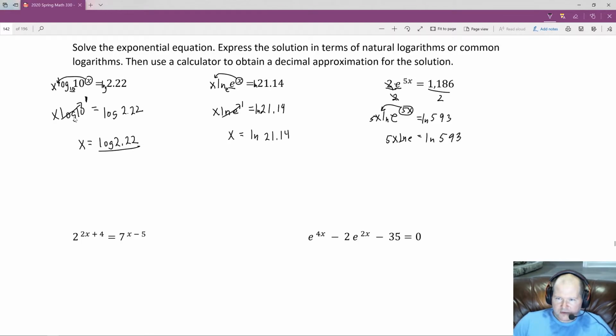Now, the natural log of e turns into a 1, so 5x times 1 is simply 5x, and that equals natural log of 593. In this case, we're not done, though, because our x has a 5 coefficient. So we have to undo the multiplication of x by 5 by dividing by 5, and whatever we do to one side, we do to the other, giving me x is equal to the natural log of 593 all over 5.